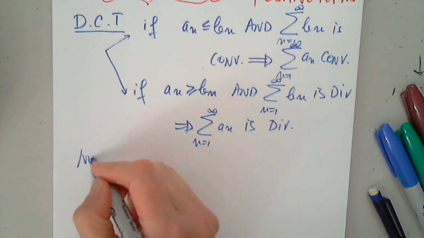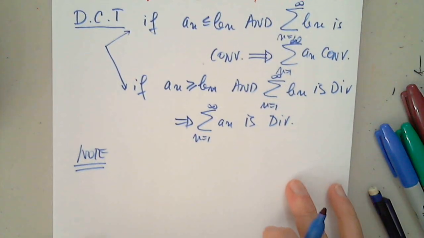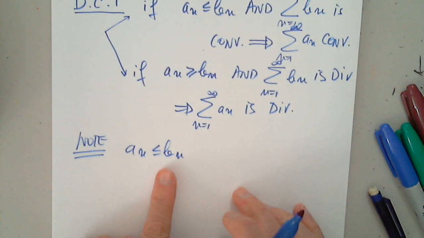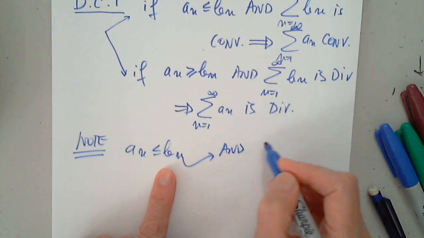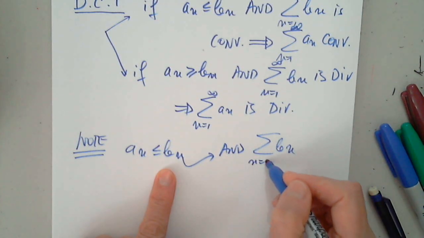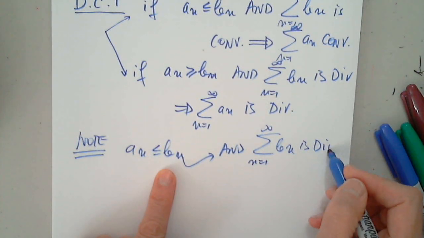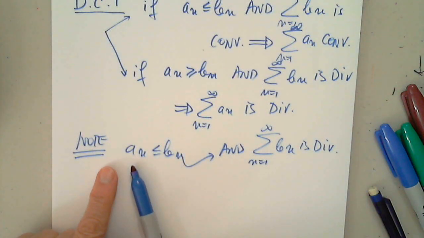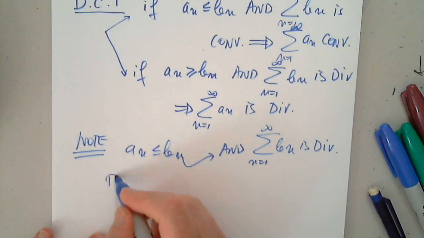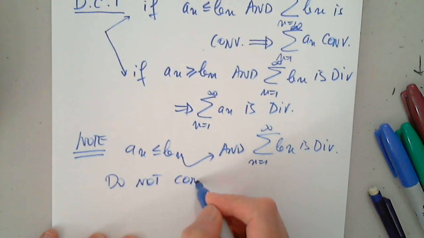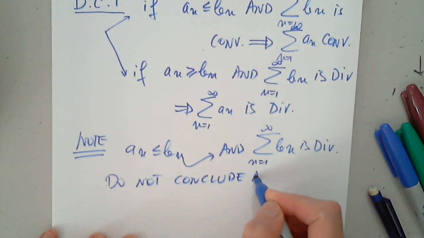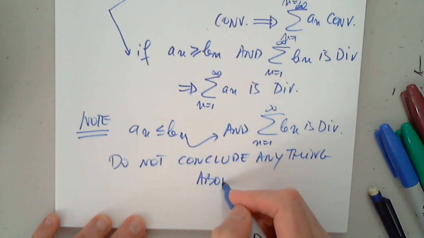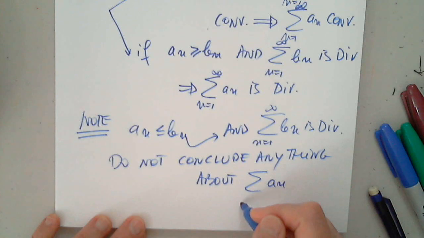Notice one thing here: if we have this relationship and this one is divergent, so if the big one is divergent, we cannot conclude anything about the small one.